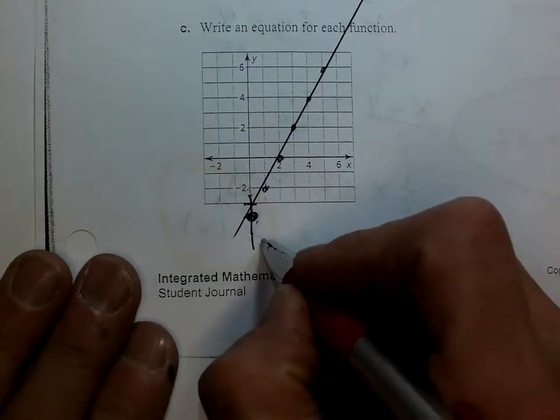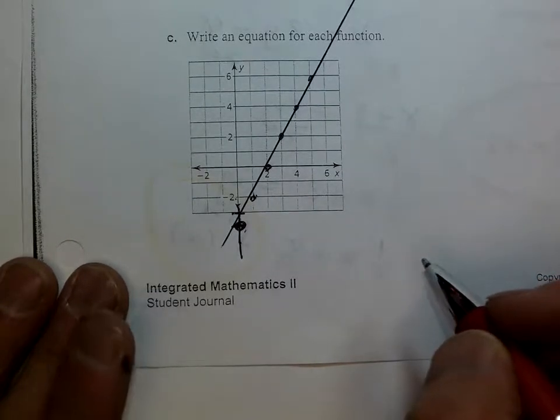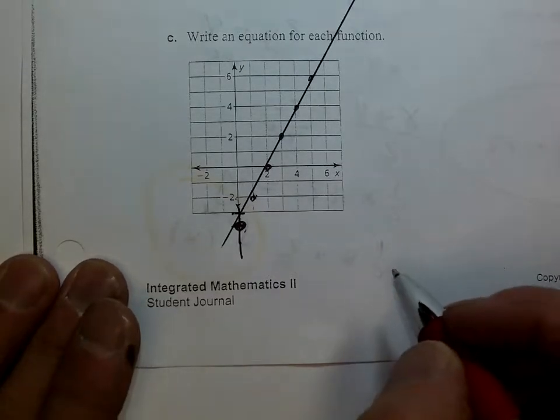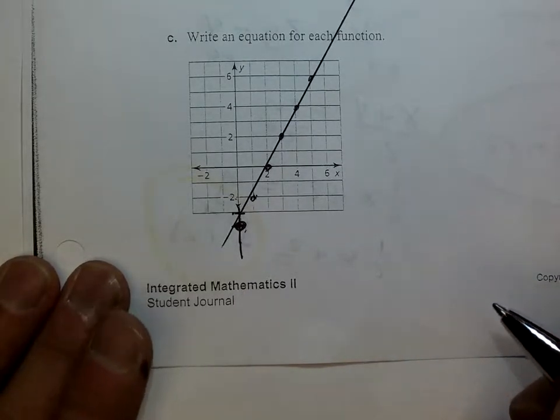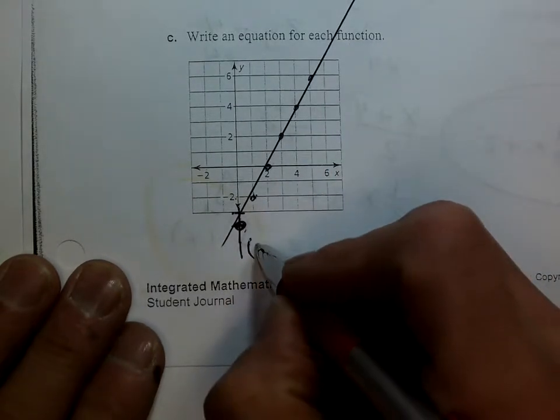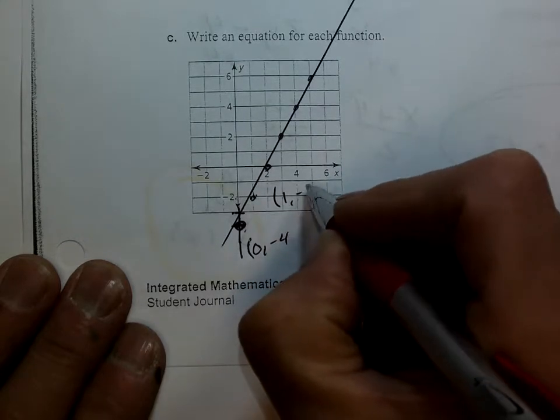I'm going to show you another way to do an inverse line. I think this is the long way, but it's the easy way. I'm going to teach you the way that takes more work, but it's easier to understand. Every one of these points: here's a point at 0, negative 4. Here's a point at 1, negative 2.